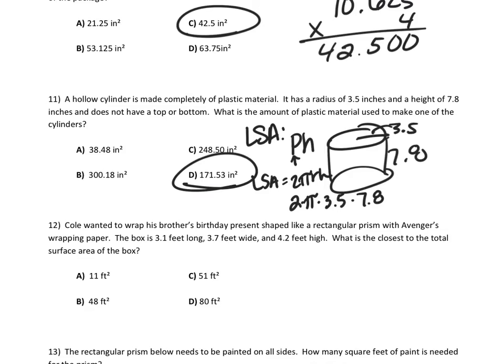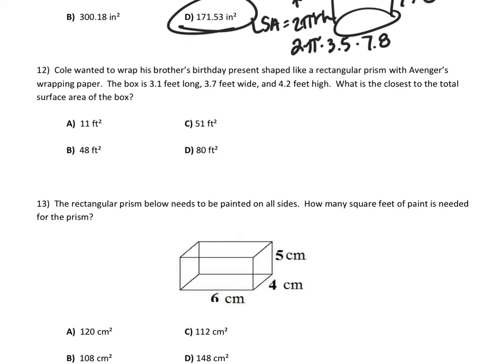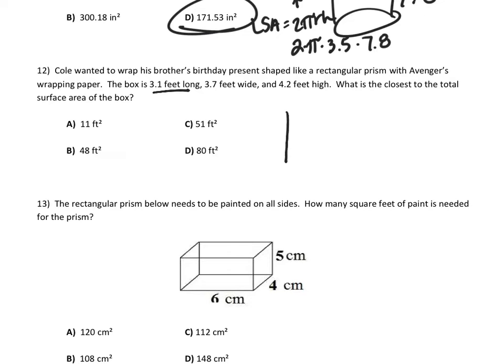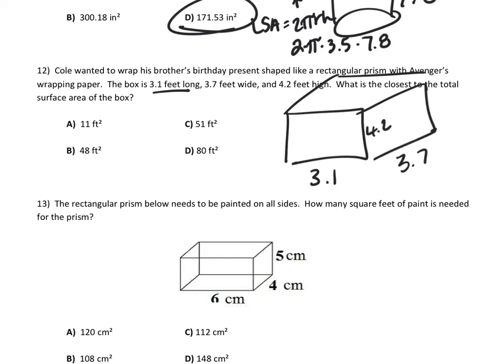Number 12. Cole wanted to wrap his brother's birthday present, shaped like a rectangular prism, with Avengers wrapping paper. The box is 3.1 feet long, 3.7 feet wide, and 4.2 feet high. Okay, what is the closest to the total surface area?